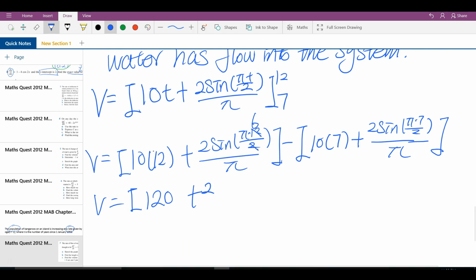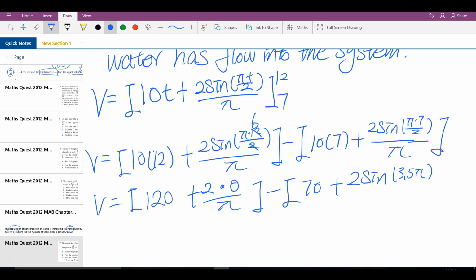So that is just 0 over pi, minus 10 times 7, which is 70, plus 2 sine. Now that will give 7 divided by 2, which is 3.5. This is embarrassing, 3.5 pi in there.